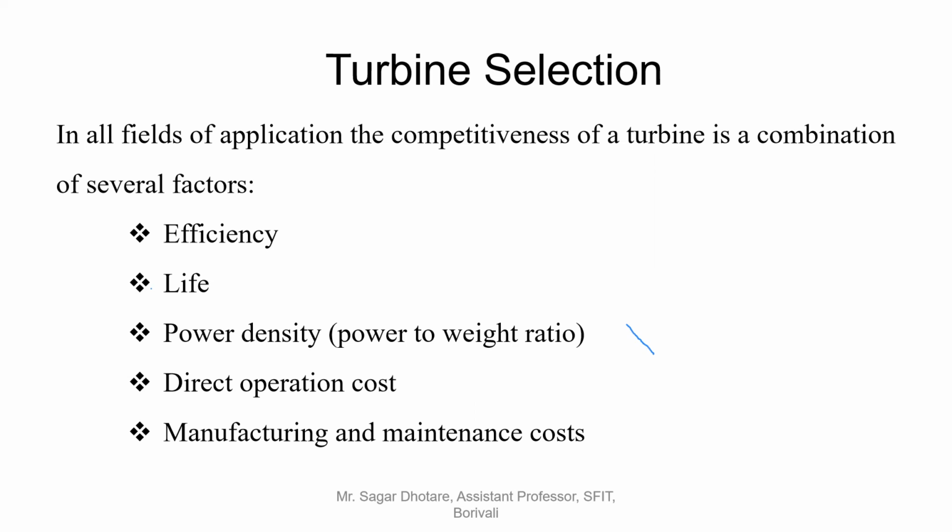Then power density, that is power to weight ratio, it should be as low as possible. Then the manufacturing and maintenance cost must be as low as possible.